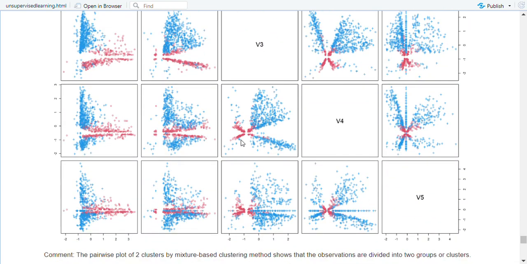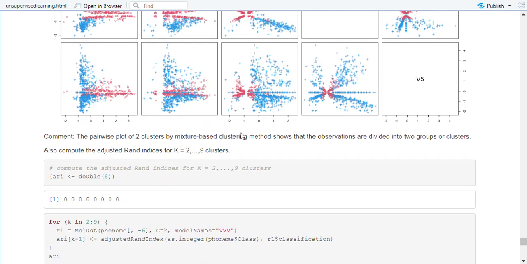And we get this. The pairwise plot of two clusters by the mixture-based clustering method shows that the observations are divided into two groups of clusters.